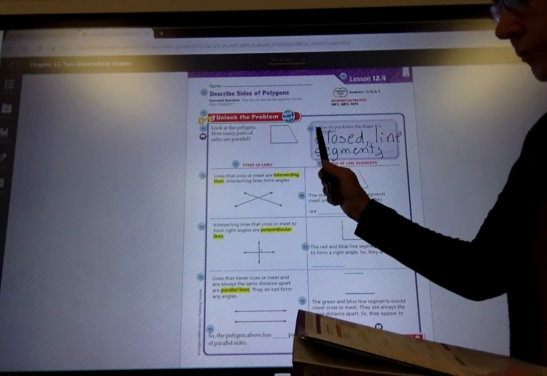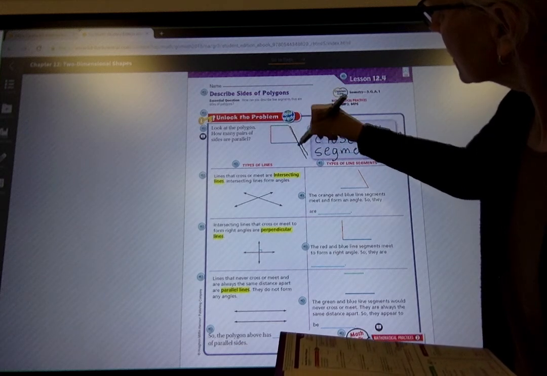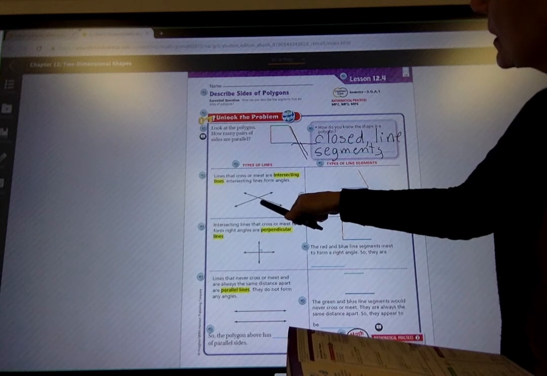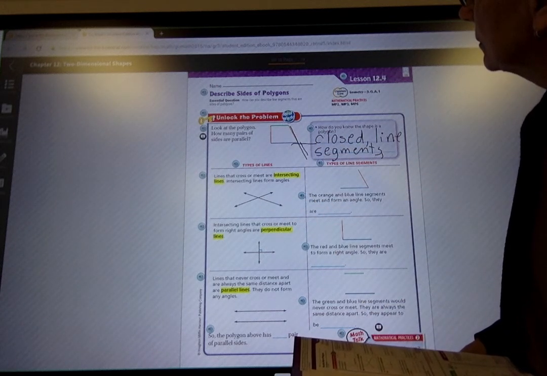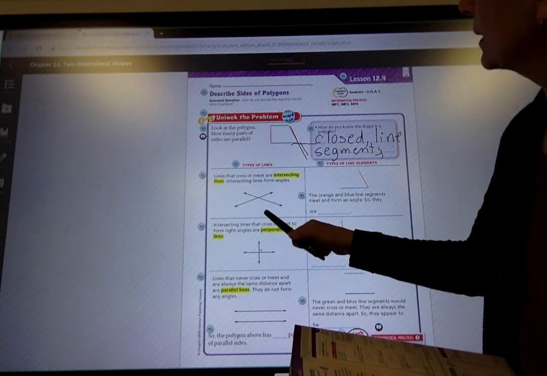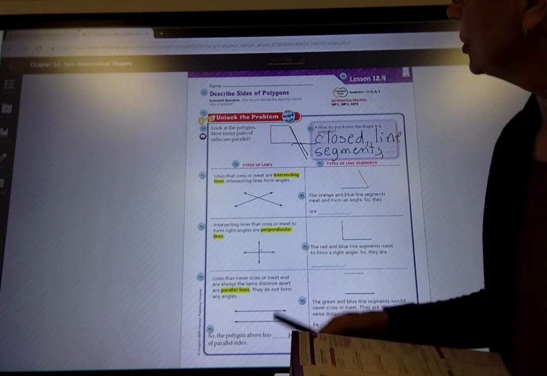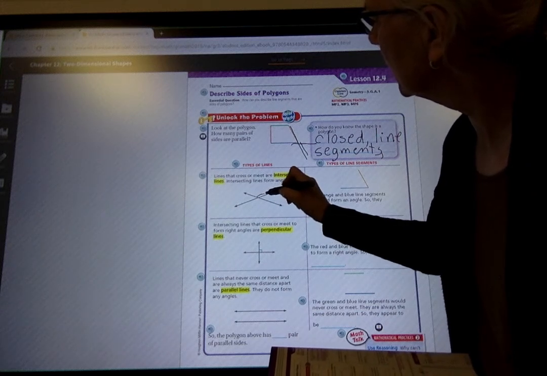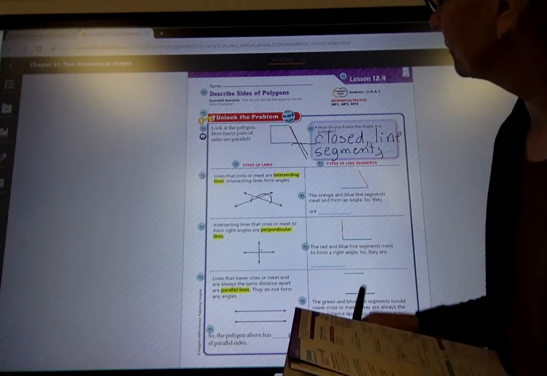Now, these could extend and keep going is what they're saying. So these two lines form sort of like this. They intersect. Lines that cross or meet are intersecting lines. Intersecting lines form angles. Do you see there's an angle here? But there's also an angle here, and one here, and one here.